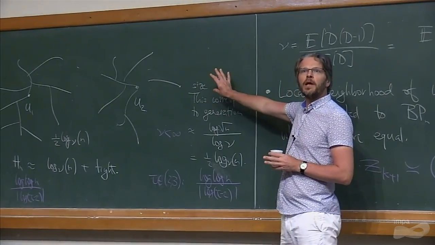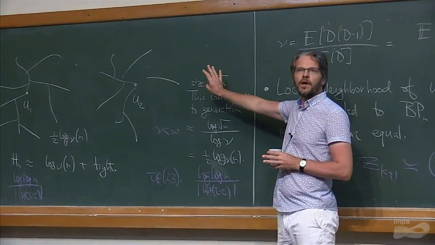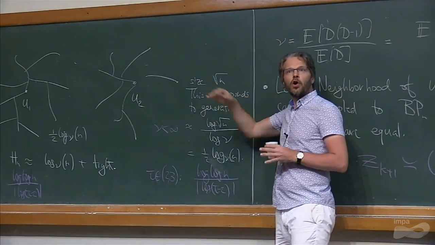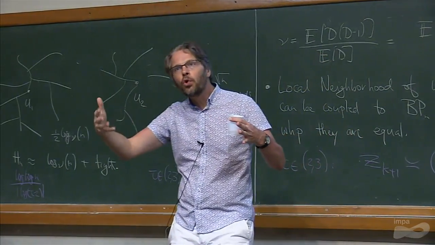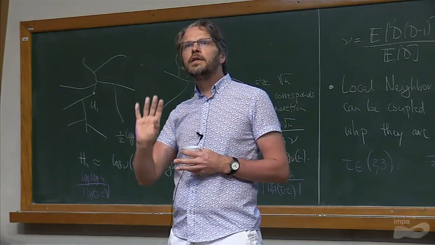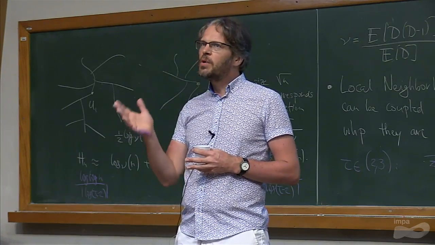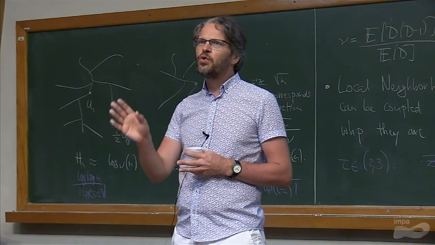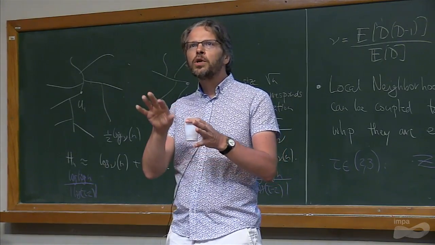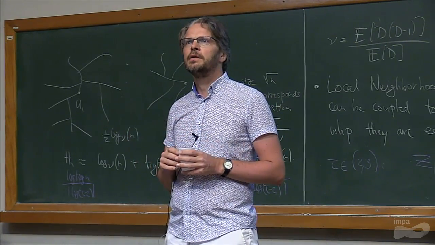It's easier to formulate it in terms of the number of vertices that you found. But it will work up to a size of the exploration tree which is of the order a positive power of n. When nu is finite, it's square root of n. When nu is infinite and tau is in between 2 and 3, it may be a little bit smaller, depending on what you require precisely of the coupling.